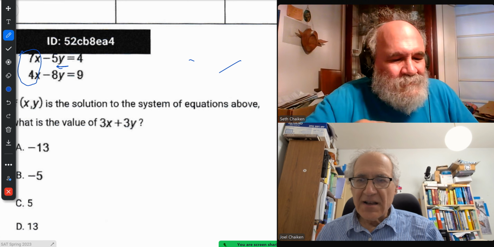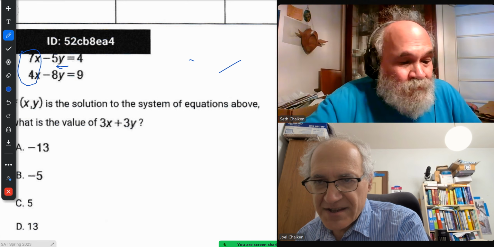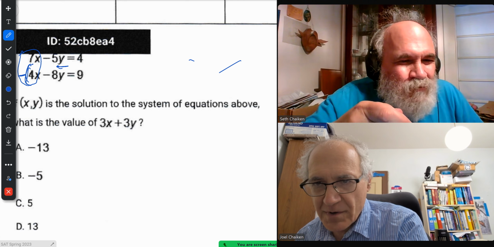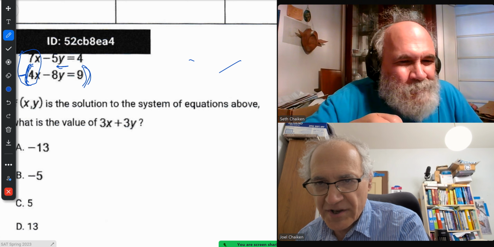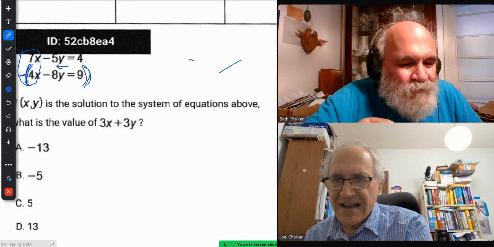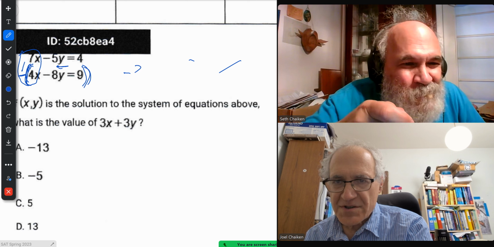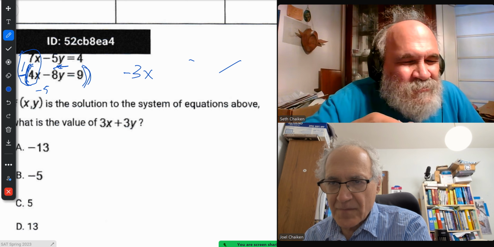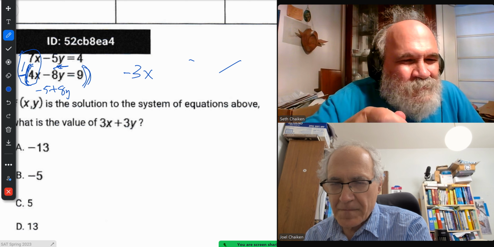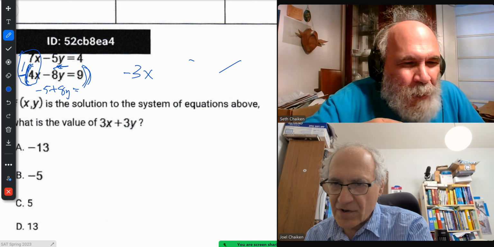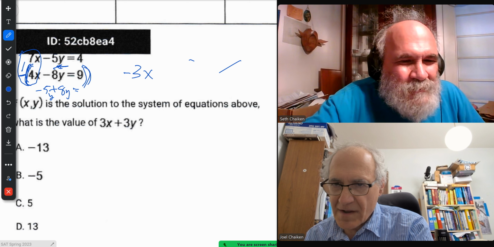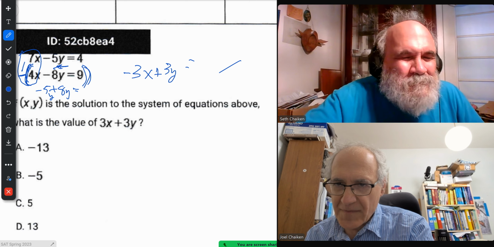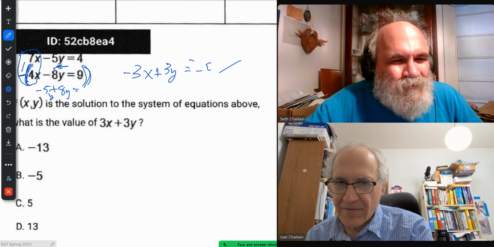Yes, it will, because if you subtract this equation, or multiply it by -1, you get 7x minus 4x, which is 3x, and then minus 5y plus 8y, which is 3y, and this is equal to -5.